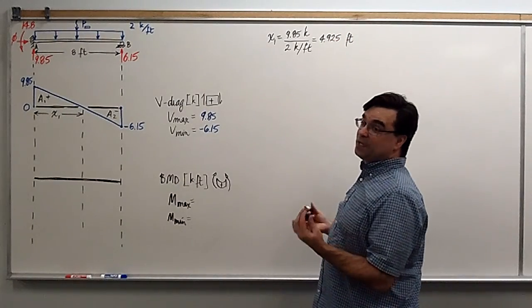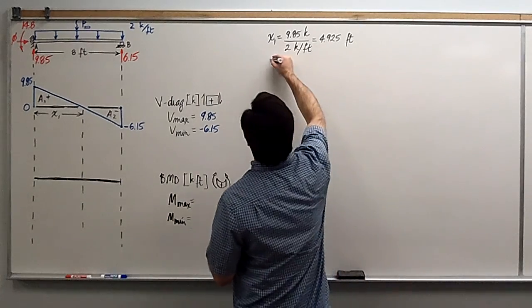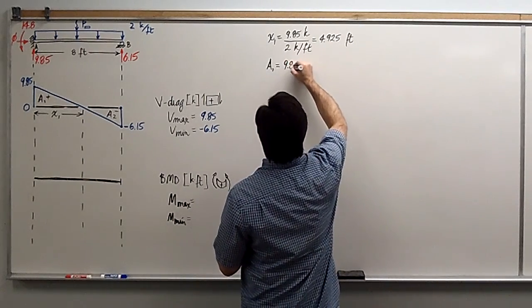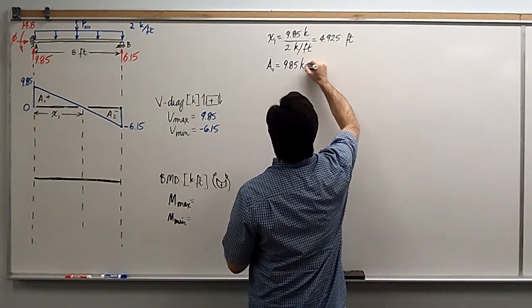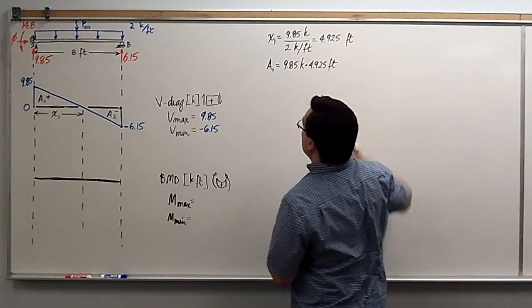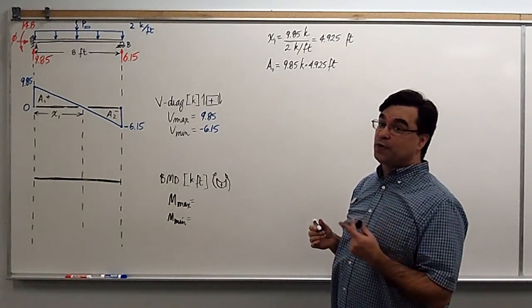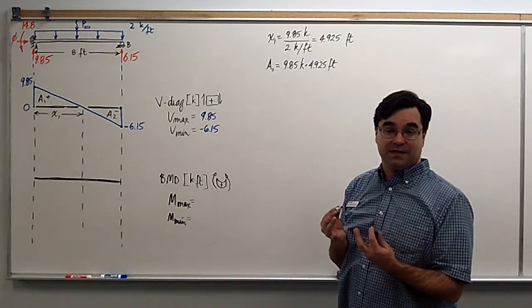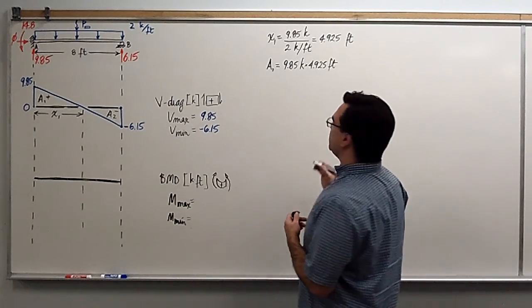Now that we know that, we can calculate area 1. And don't forget, for a triangle, you must divide by 2. That's a very common, silly mistake to make where you could potentially lose marks.